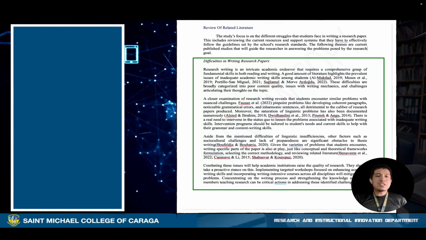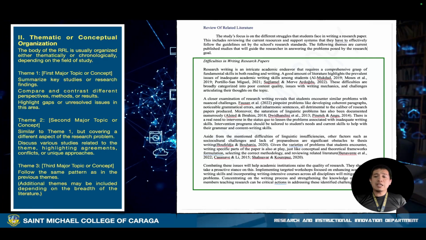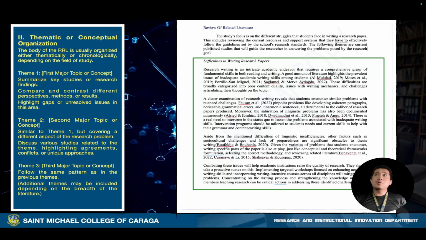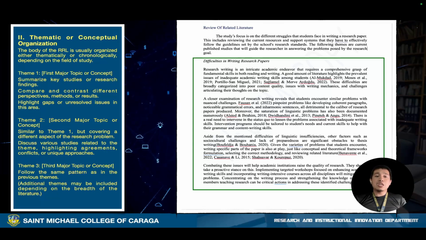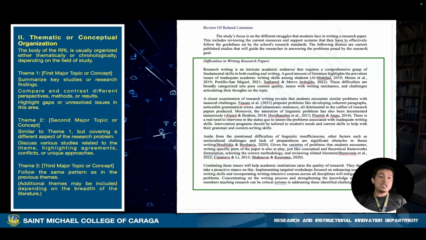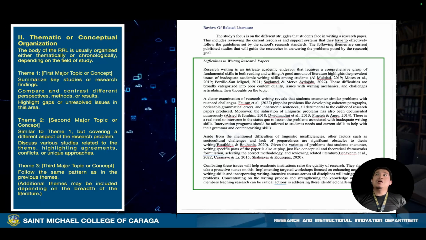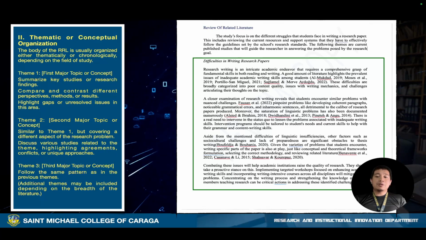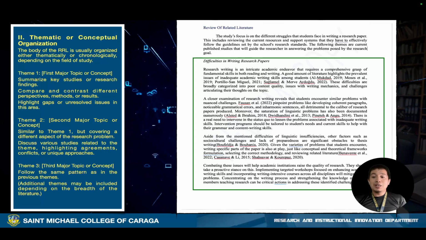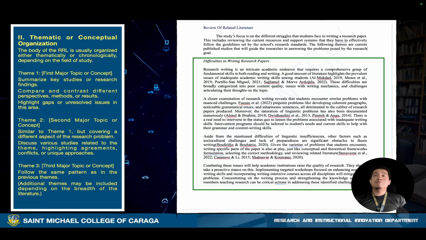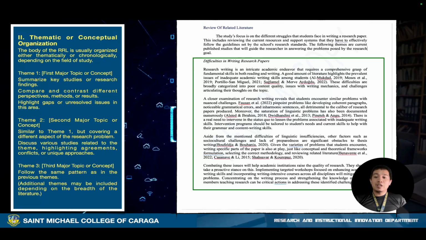So, for example, when you look at the second part, we need to have a thematic organization or a conceptual organization. Most of the time, the number of statements of the problem or research objectives would also be the equivalent number of the themes of a review of related literature.